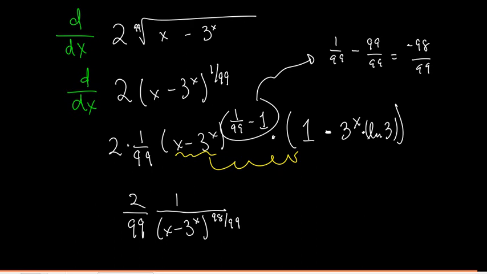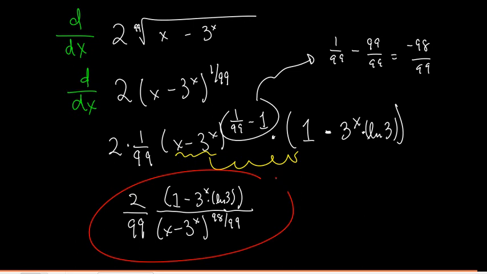Since the exponent is negative, it becomes positive when we bring it to the denominator. And so we get, and then times, well, what's the thing that was on top? 1 minus 3 to the x times ln 3. All right, so there we go, everything written as a single fraction. And so let me circle that. That's the final answer. And that is all.